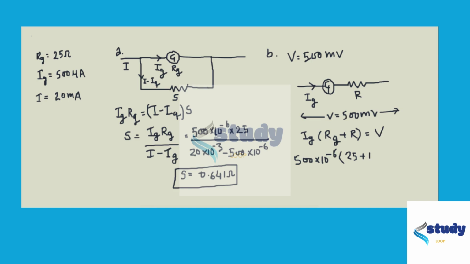Now what is R? That is what we need to find out. And what is V? That is 500 millivolts, so 500 into 10 to the power minus 3. Now solve this equation. You get the resistance that has to be added equal to 975 ohms. Alright, so this is how you convert a galvanometer into a voltmeter. So this is the solution to this question.